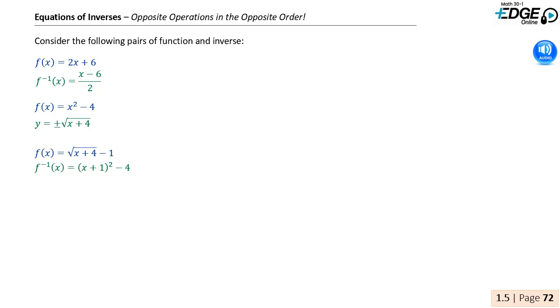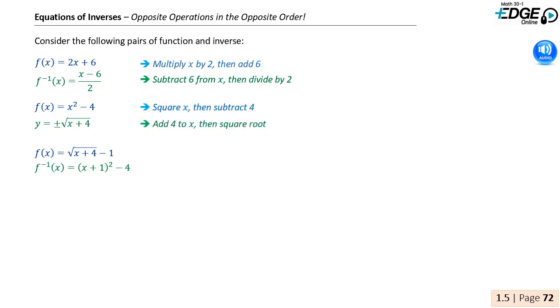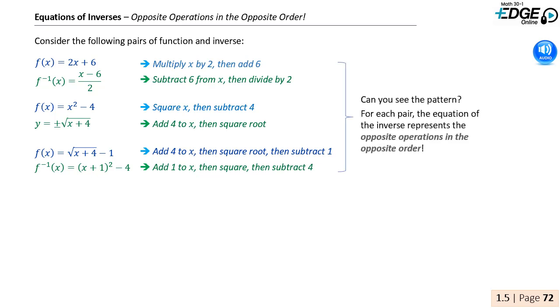So here, if we define f of x as multiplying x by 2 and then adding 6, its inverse would be subtracting 6 from x and then dividing by 2. What we see in all of the examples is that comparing the original function to its inverse, we find the same thing. Perform the opposite operations in the opposite order.